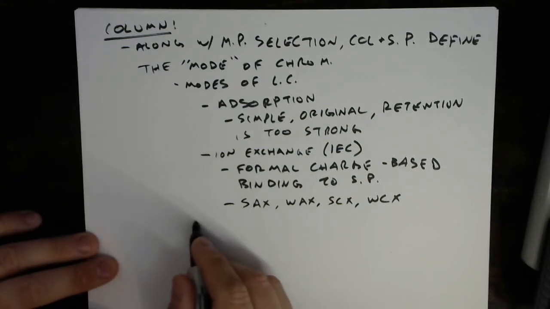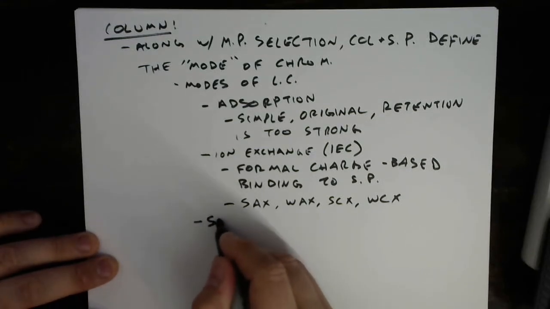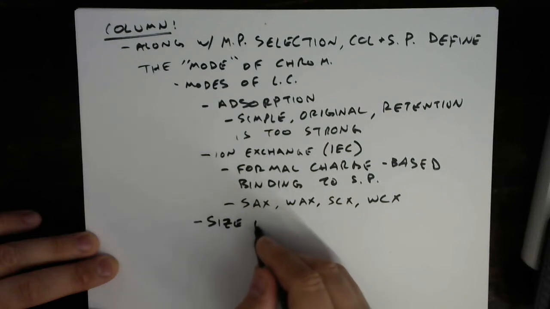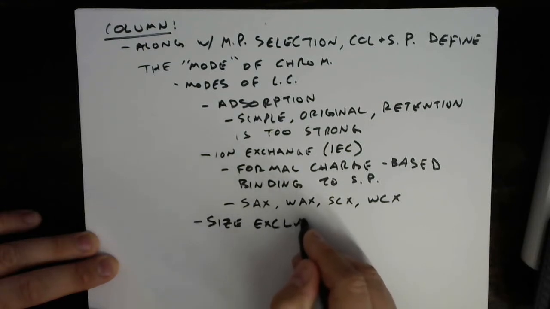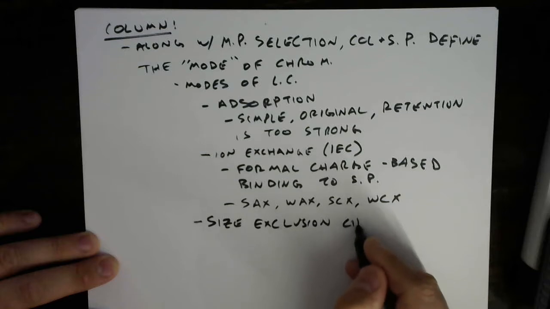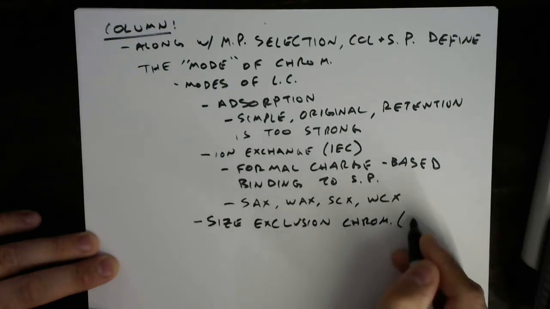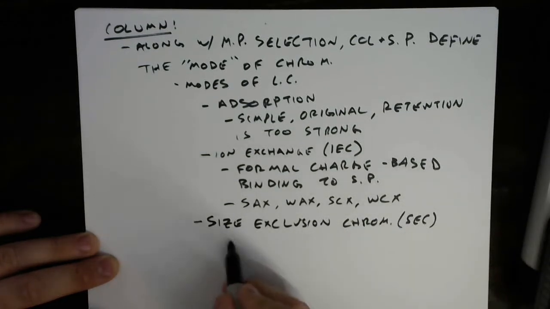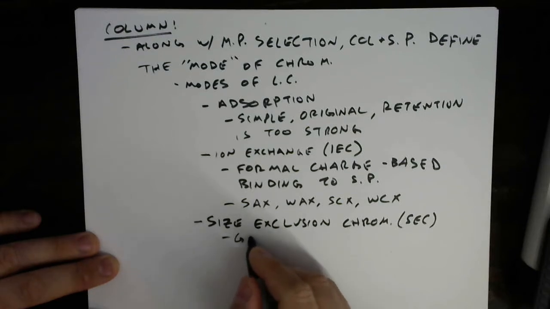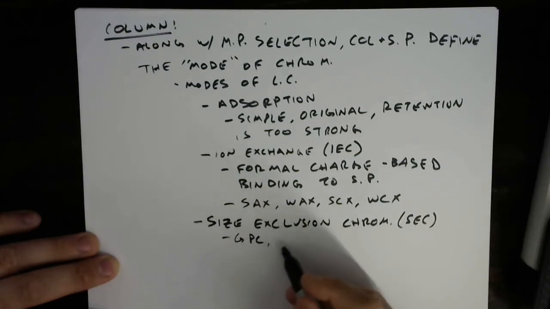Okay, we also saw size exclusion chromatography, which has some other names. It goes by gel permeation chromatography or gel filtration chromatography.